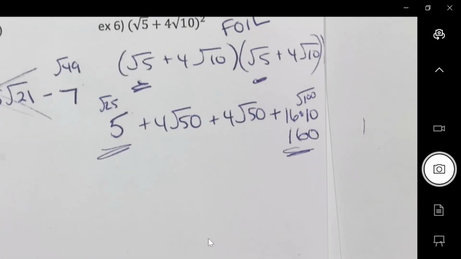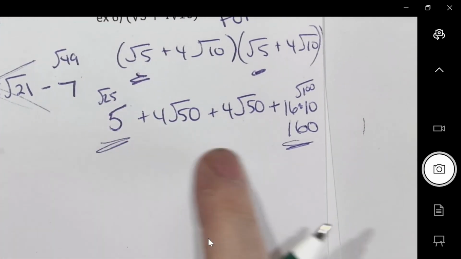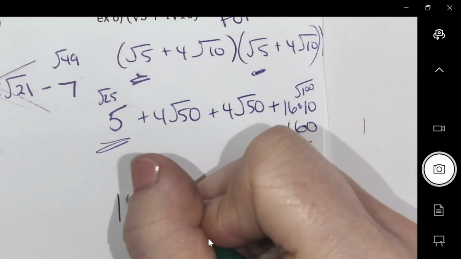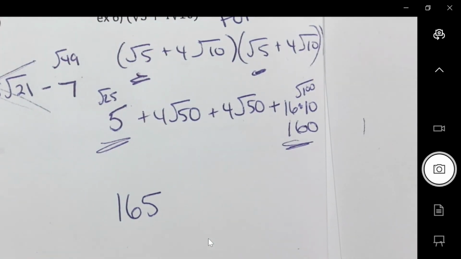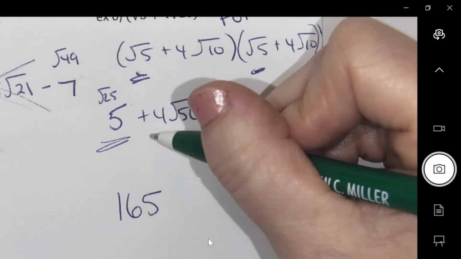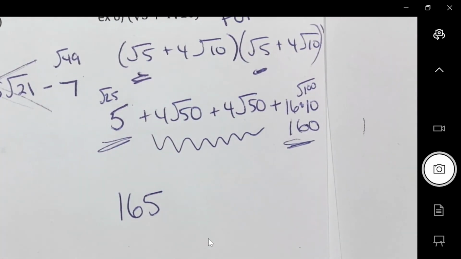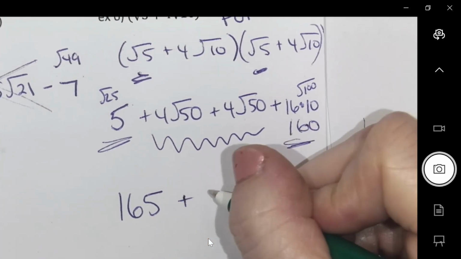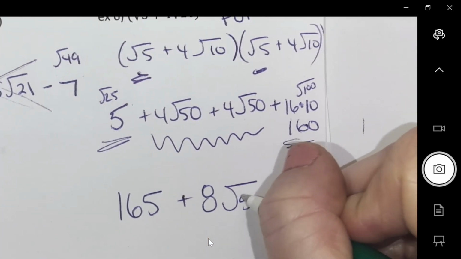Okay, so I had a whole number 5 and a whole number of 160. So 165. And now I can put those together because they're both root 50s. So plus 8 root 50.